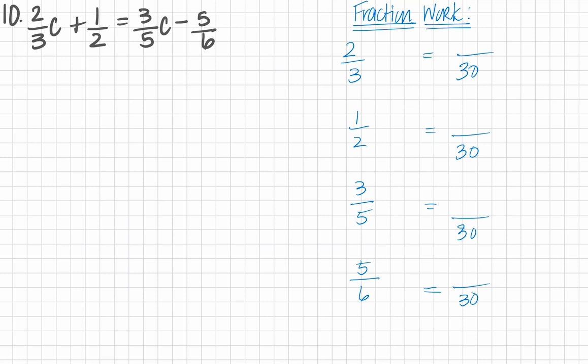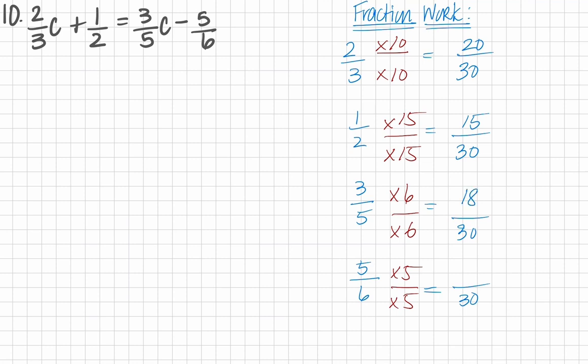All right. To get to 30, I had to multiply that by 10. So I'm going to do that here. To get to 30, I had to multiply that by 15. And that by 6. And that by 5. So now the answers are 20 over 30, 15 over 30, 18 over 30, 25 over 30. Now we're going to rewrite everything we did here to this side.